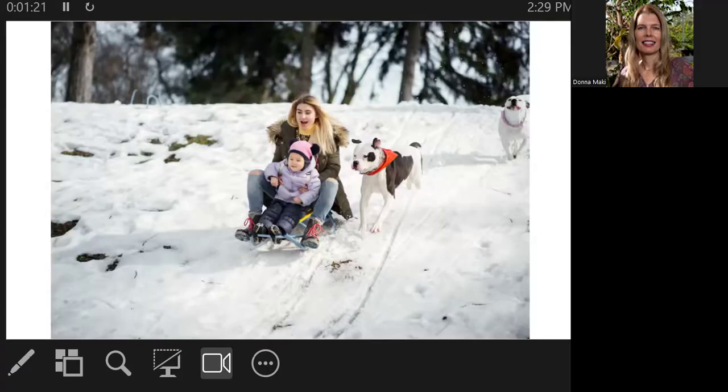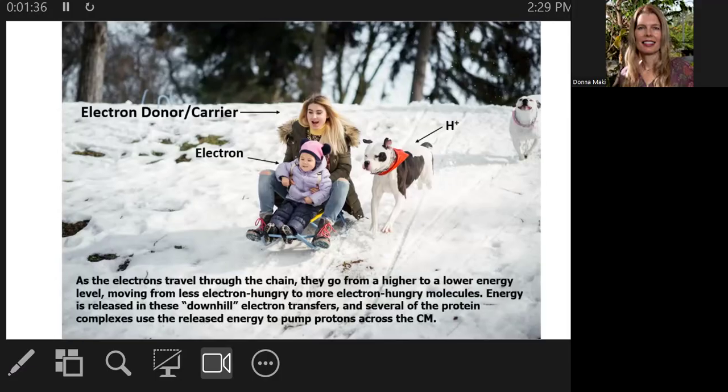So I thought of it this way: I had a family dog named Jerry. When we would go sledding on Whitman Hill, he would chase after us and want to jump on the sled and come along. So when I was learning this process, I would think of myself as the electron donor carrying an electron, the kid in this case, and my dog is the proton trying to grab onto this energy as we're sledding.